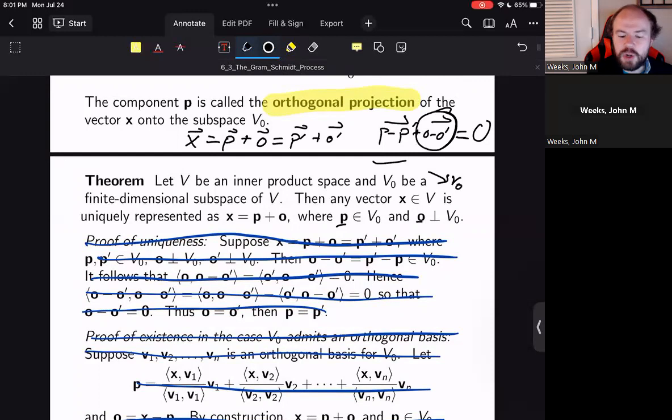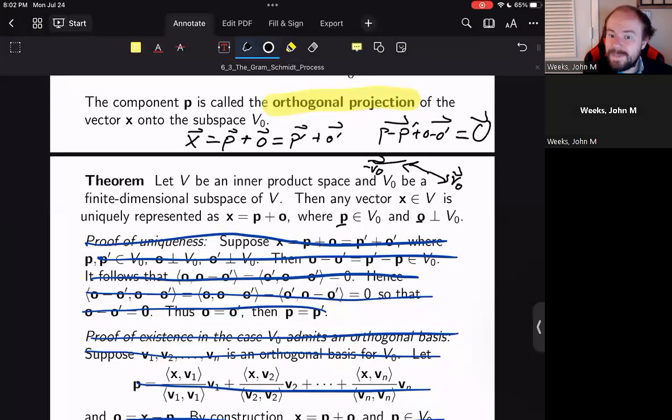And if O minus O prime was for some reason able to get us back to the 0 vector, well, then it would be the negative of that vector that we chose to be that vector inside of our space V naught. Well, the negative of that vector is going to also be inside of that subspace. Well, that would mean that O minus O prime is inside of our subspace.